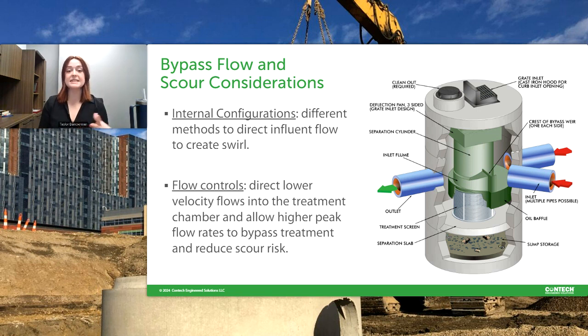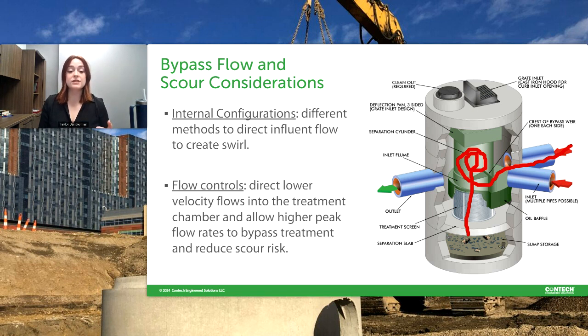So this unit is a little bit different than the other one, if you can't tell. This one, instead of utilizing the previously shown flow splitter, utilizes an inlet flume. So the water comes in through the inlet, it goes into this inlet flume, and then this creates the swirl inside this chamber, where all that TSS is settled out and stored in this sump.